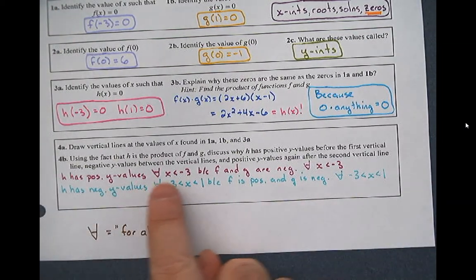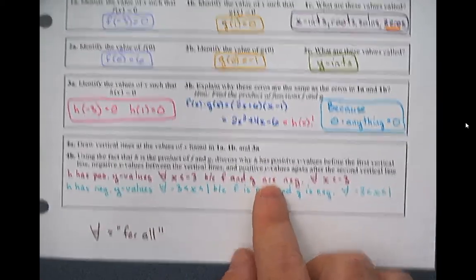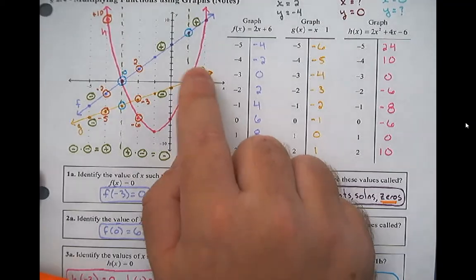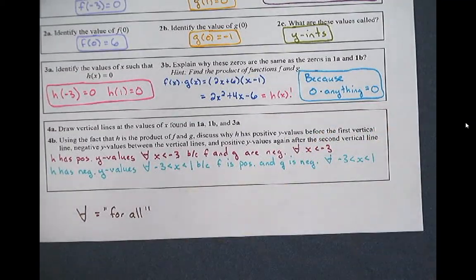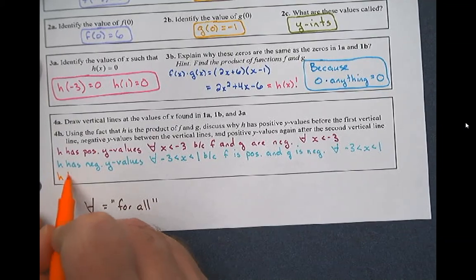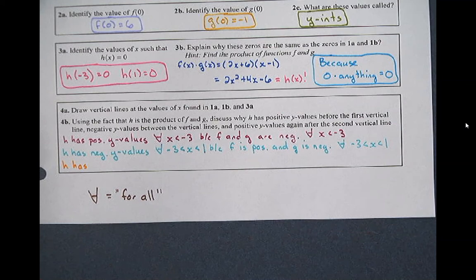And then the last question, why are the H values positive after the second vertical line? That's because the F values and the G values are both positive as well. So why don't you try to write it up? Pause here and try to write it up.